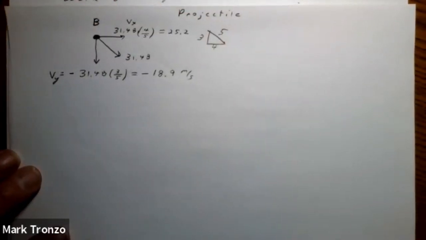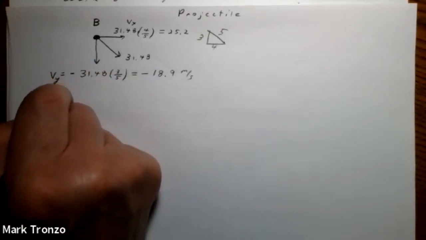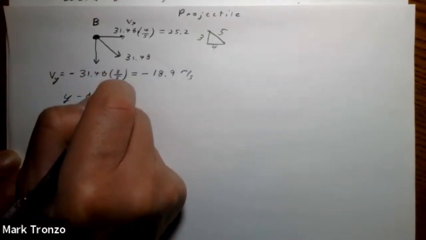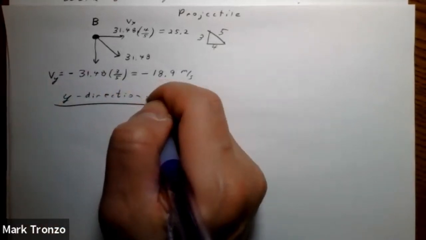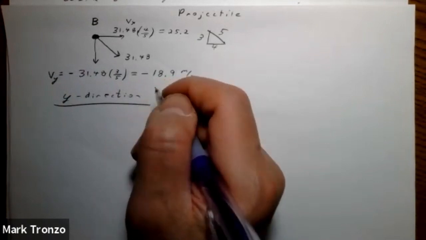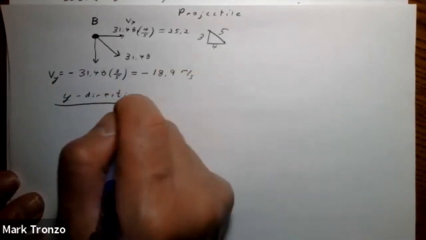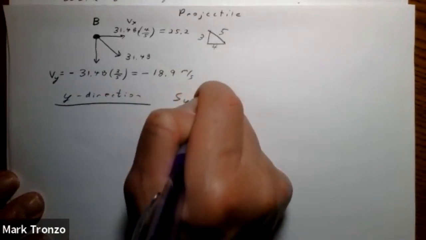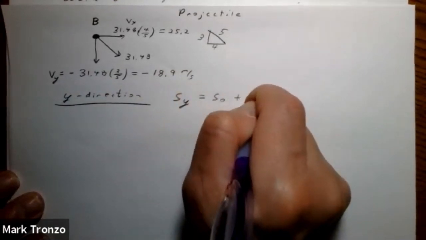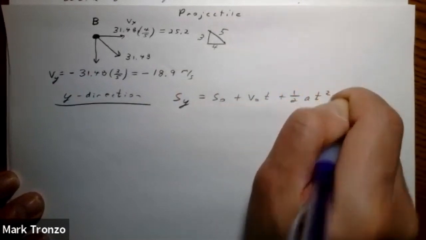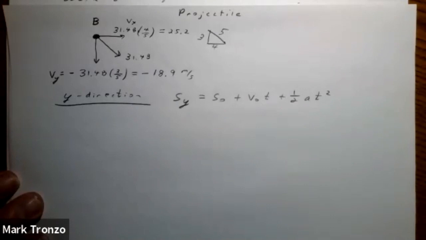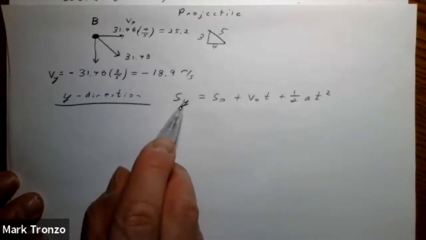So again, just treat it like a projectile. And there are several ways to do this. Maybe the easiest thing in this case is just to see how long it takes to hit the ground. So do the y direction, just using your normal projectile equation, S_y equals S0 plus V0 t plus 1/2 a t squared. It's 30 feet above the ground, and we want to see how long it takes to drop 30 feet.